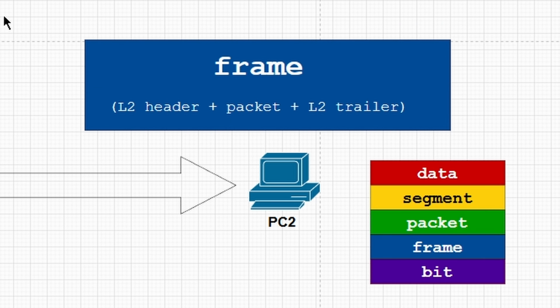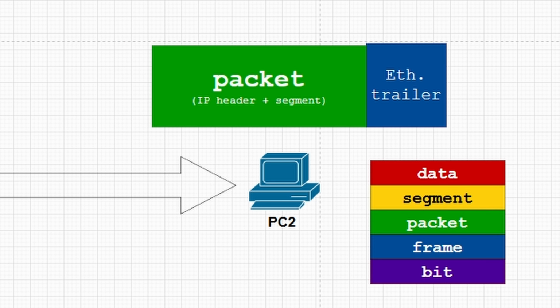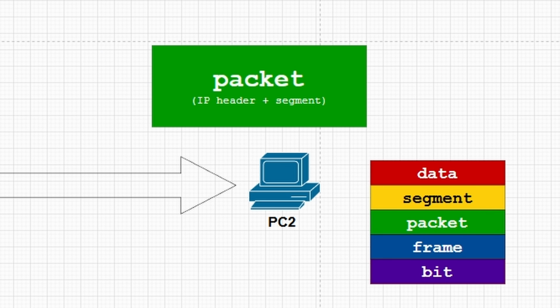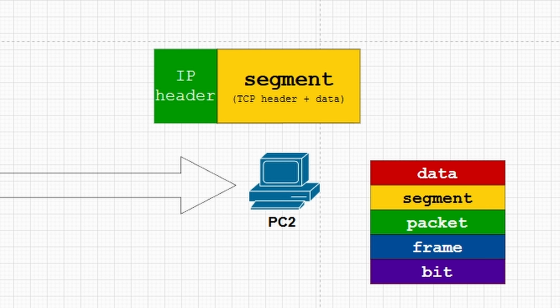If you forgot what a frame has, it has the packet, the header, and the trailer. PC2 will decapsulate for the 2nd time, converting this frame back into a packet, by detaching the Ethernet header and the trailer. Now we're left with a packet which has the IP header and the segment.